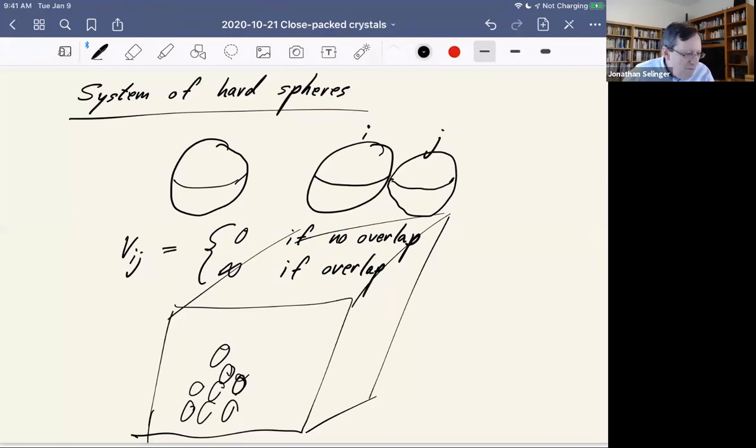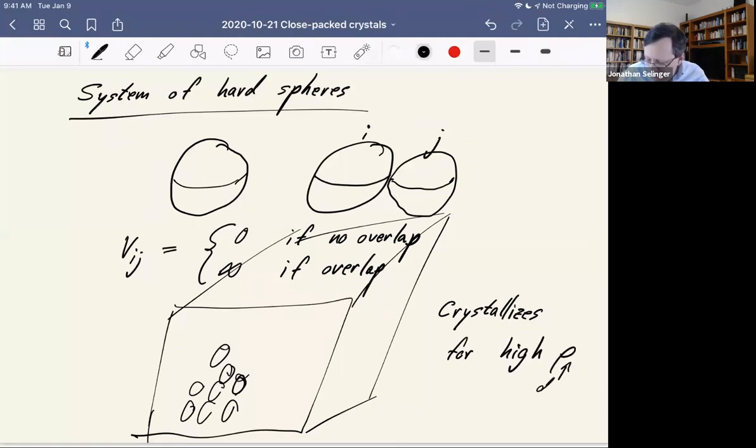The remarkable thing is that this system actually crystallizes for a high enough density, rho, or a low v, the volume per particle.